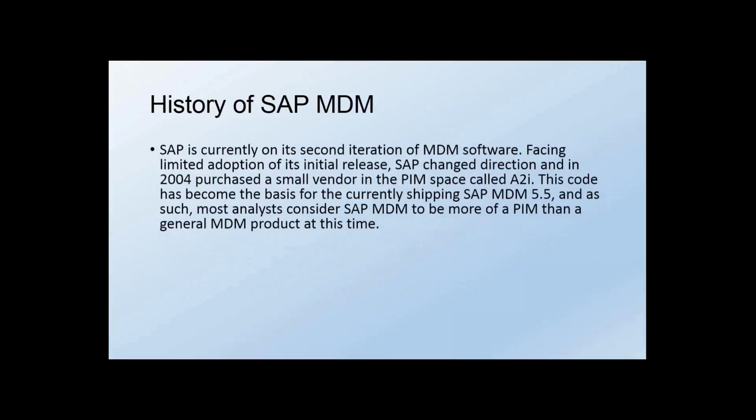The history of SAP MDM is that it was first taken from a small company from the PIM space called A2I, which stands for Access to Information. From there, in 2004, the SAP MDM module was picked up and enhanced in SAP.